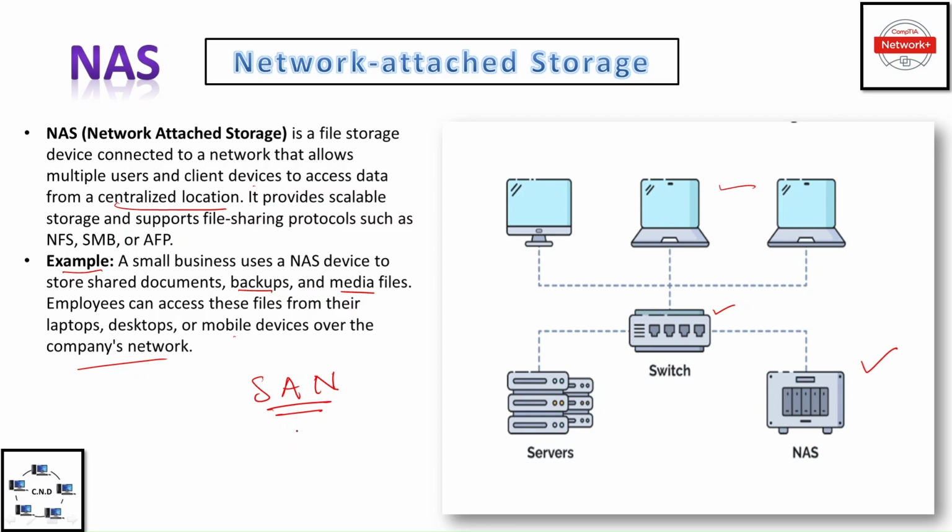The main difference between them is the use of protocol: the NAS uses NFS, SMB, or AFP, while the SAN uses FC cables and the FC protocol to provide the storage, which is fast and uses dedicated rates, for example, 16G and 32G data rate, and it has dedicated FC switches.